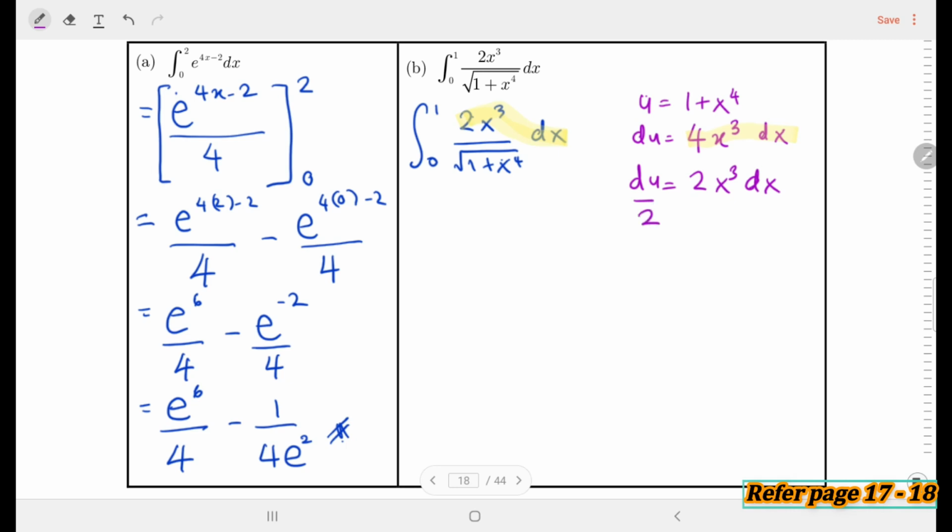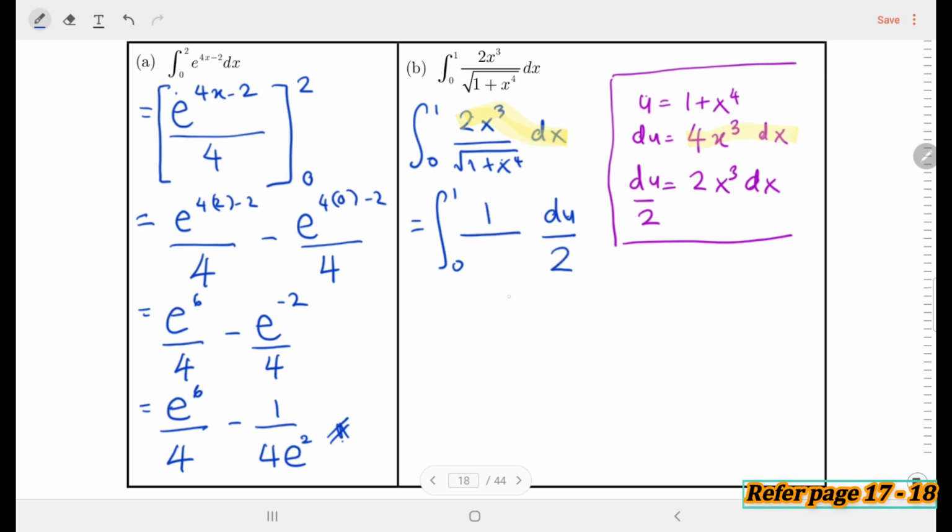Now we substitute all of this into the question. So you would have the integral from 0 to 1, where 2x to the power of 3 dx is du over 2, and 1 over the square root of 1 plus x to the power of 4, which is u.